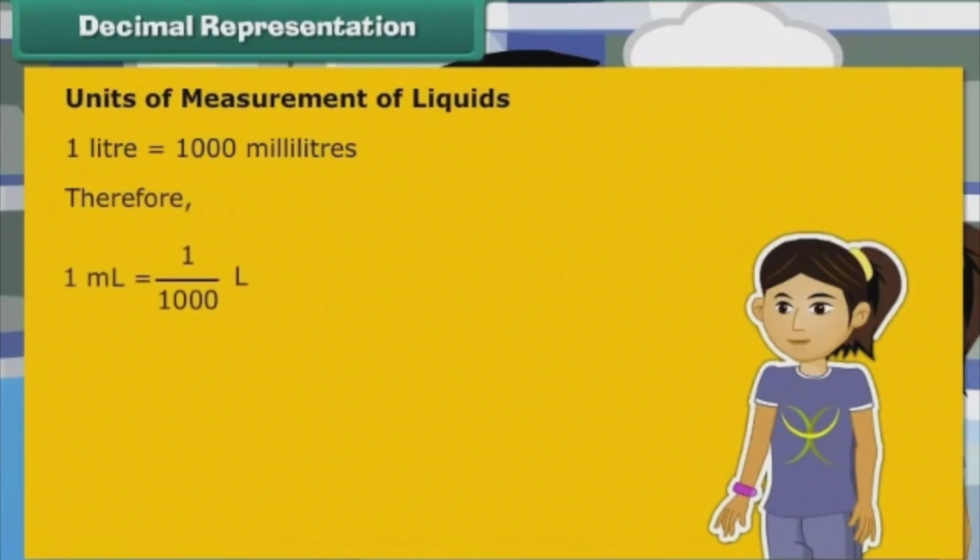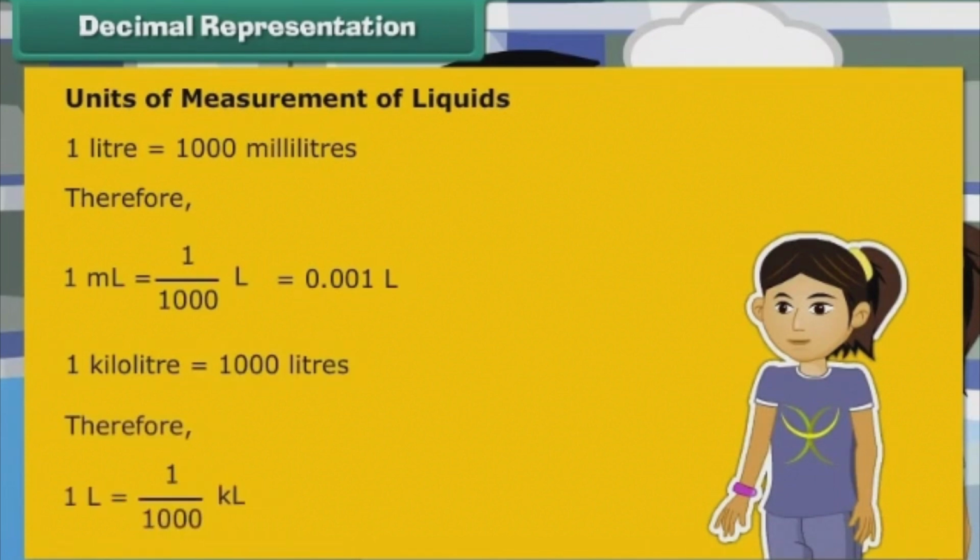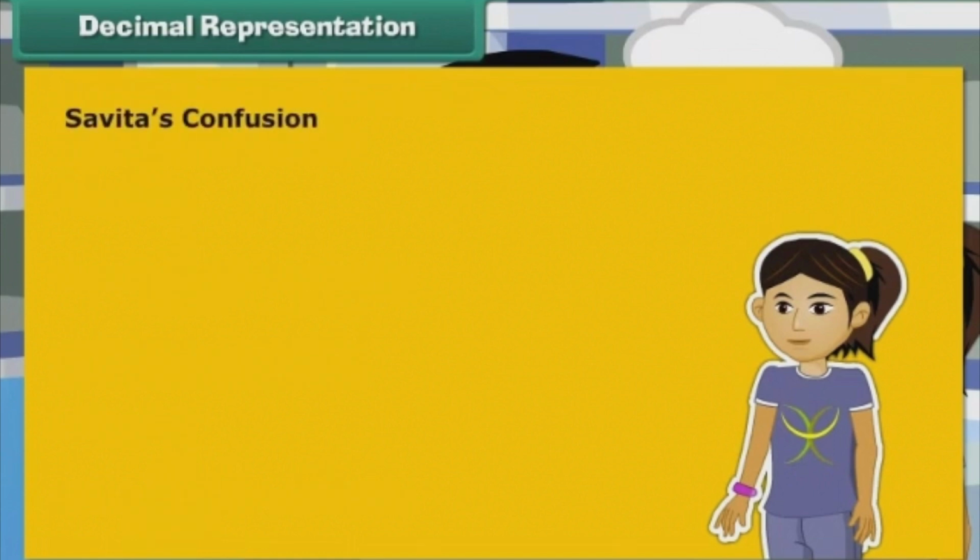Therefore, 1 ml is equal to 1 by 1000 liter, that is equal to 0.001 liter. 1 kiloliter is equal to 1000 liters. Therefore, 1 liter is equal to 1 by 1000 kiloliter, that is equal to 0.001 kiloliter.